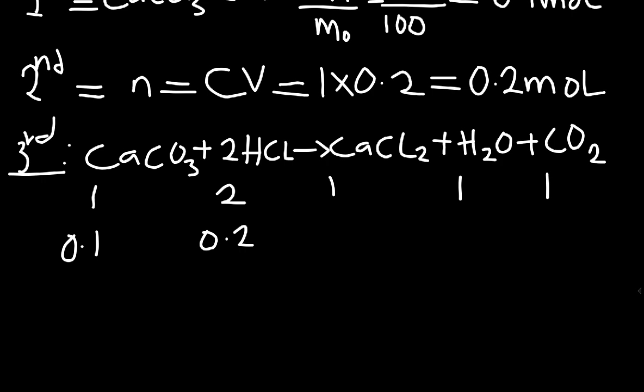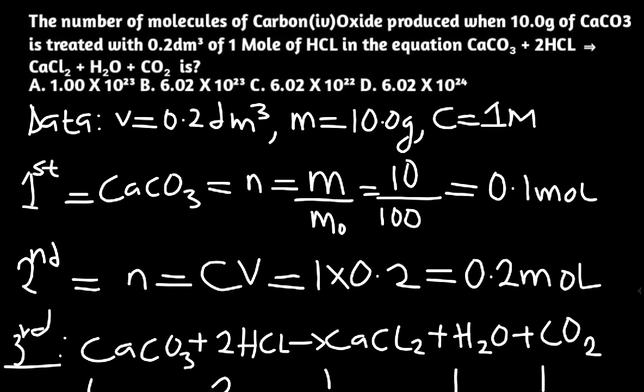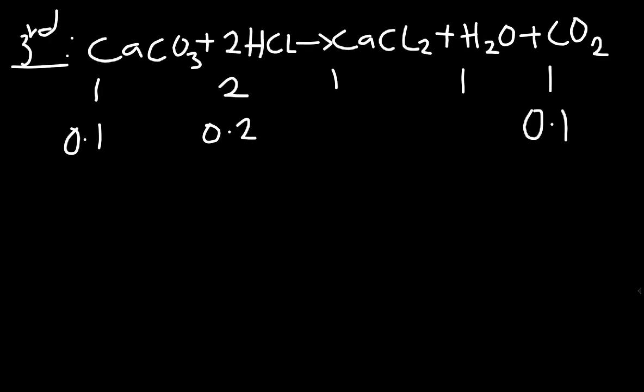If you compare them, you get 1:1:1:1, and our main target is carbon dioxide. Going back to the equation, our question says the number of molecules of carbon dioxide. So you are supposed to solve for the number of molecules of carbon dioxide. So now we've gotten the mole of carbon dioxide to be 0.1.